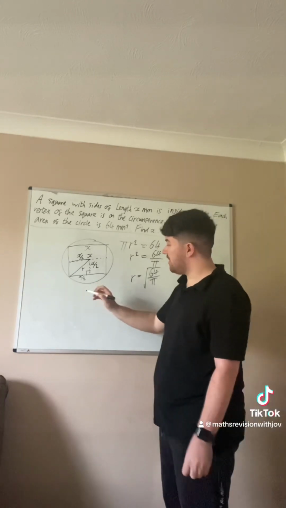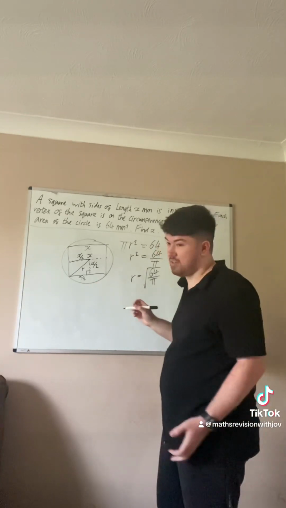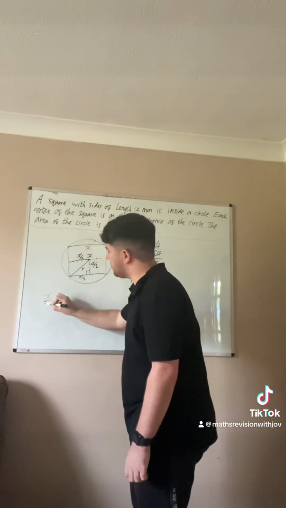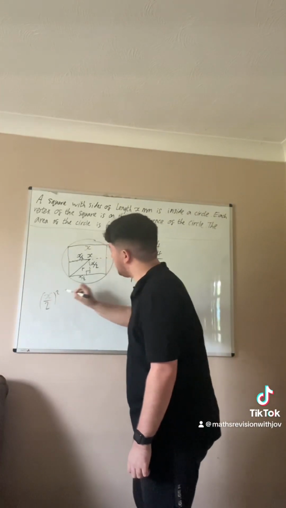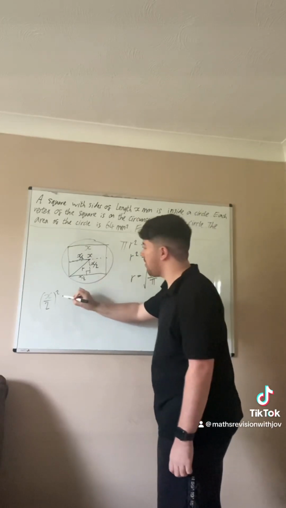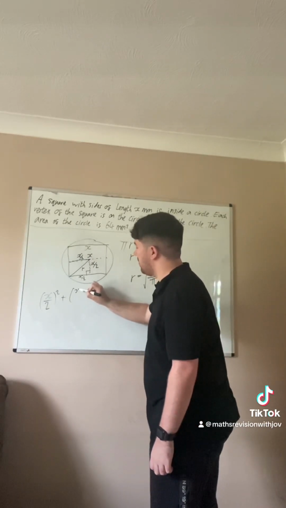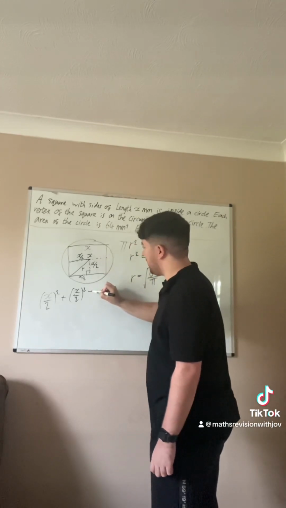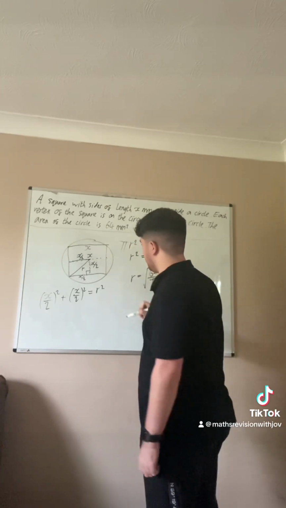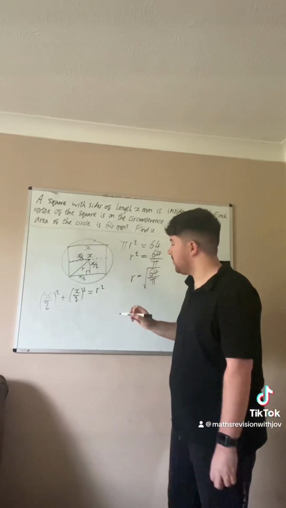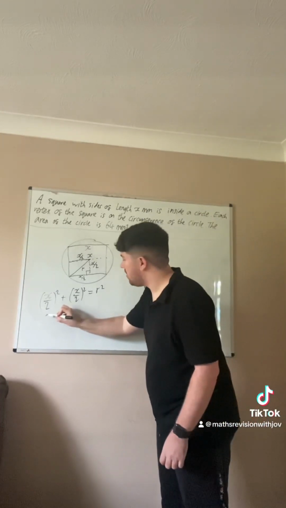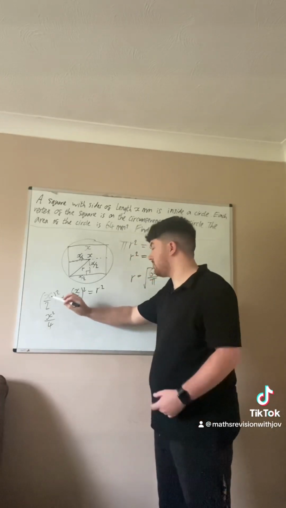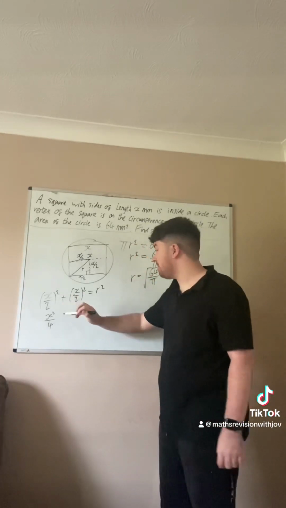And then we can write a simple equation using the Pythagorean theorem. We've got x over 2 squared, which is this side, plus x over 2 squared again, because you've got this side as well, and that's equal to r squared. We can simplify this a bit. We've got x squared over 4, because I've squared the x term and I've squared the 2 here.